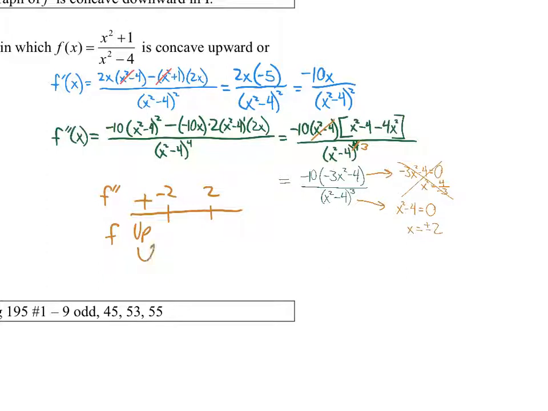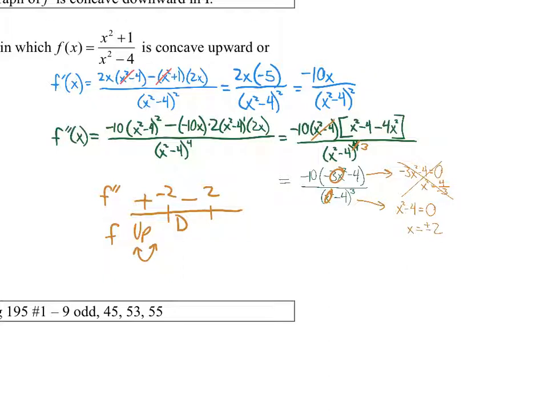Or sometimes we'll just draw a little symbol like that. If I were to plug in 0 into my second derivative, to be between negative 2 and 2, I'd have negative 10 times negative 4 over negative 4 cubed. So it's positive divided by negative, which is negative.